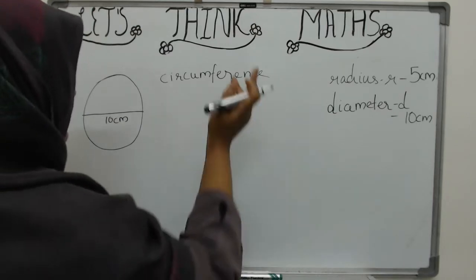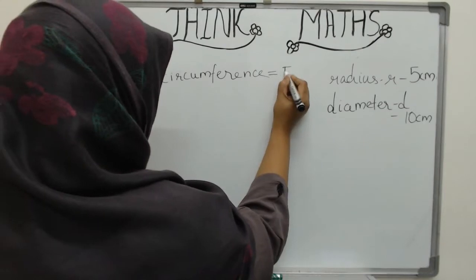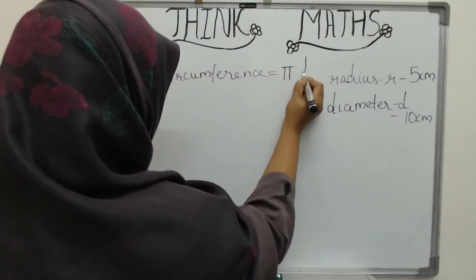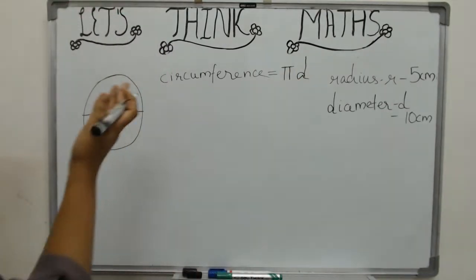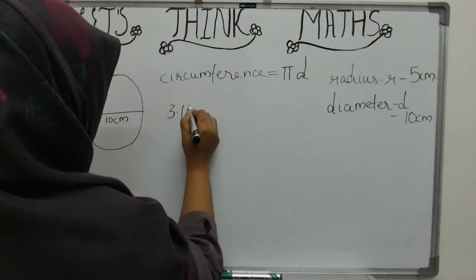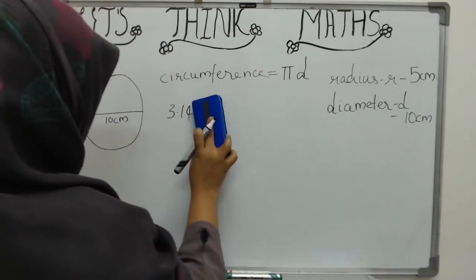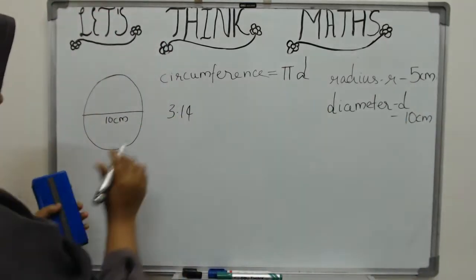Why is that? That brings us to the formula of the circumference, which is equal to pi d. Now, what is pi? It is a mathematical constant. Its value is 3.14159. It goes on and on. So, we will just stop at 2 digits.